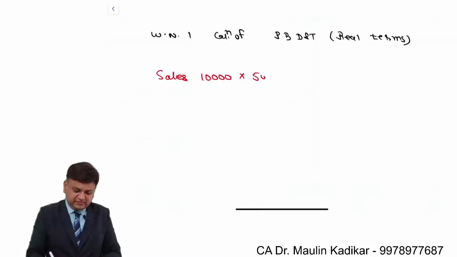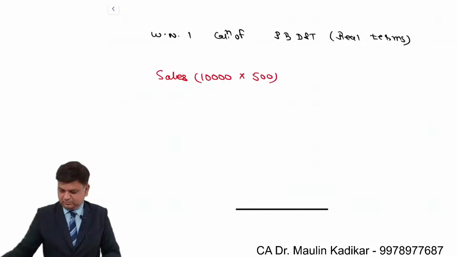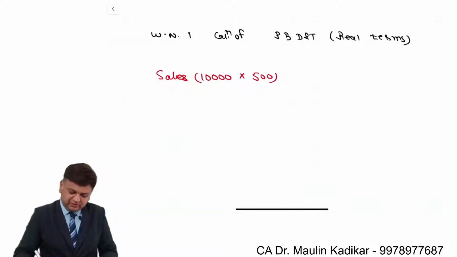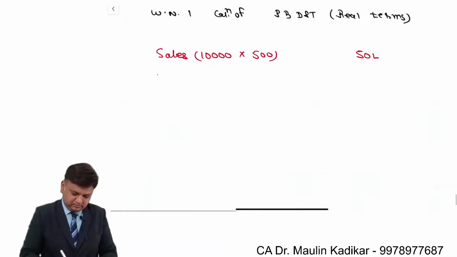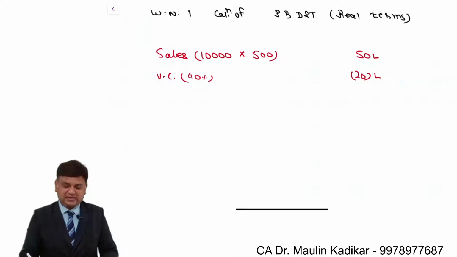What is selling price? 500. That comes to an amount of 50 lakhs. Variable cost is 40%. That comes to 20 lakhs.